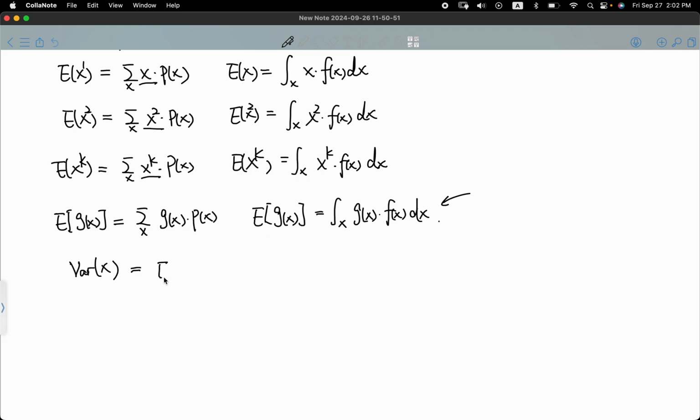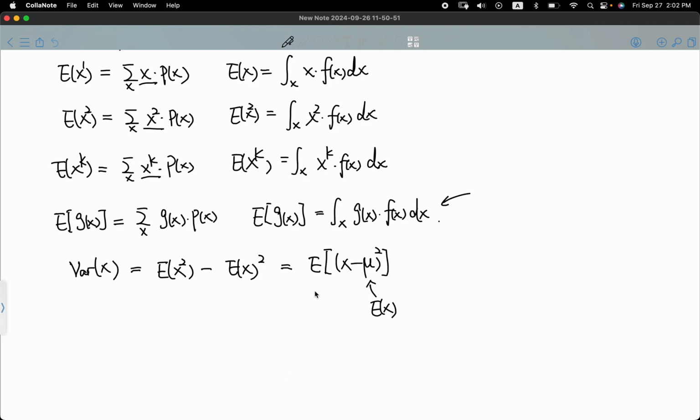So here we can introduce the formula in the following way: this is the second moment minus the square of the first moment. This formulation also comes from this definition, where we have x deviating from its mu, or you can consider this as E of x, the first moment, and then taking the square of that.